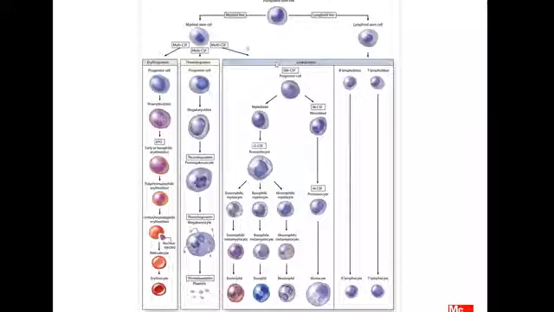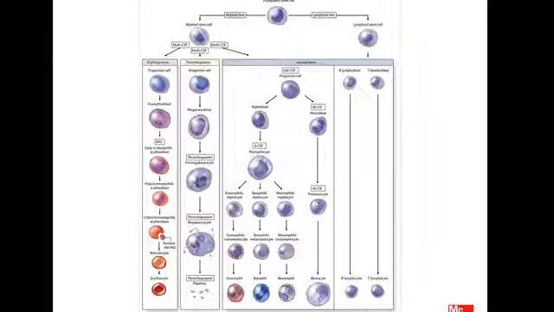Finally, the myeloid stem cell participates in leukopoiesis, formation of granulocytes and monocytes. The progenitor cell of leukocytes divides to myeloblast and monoblast.